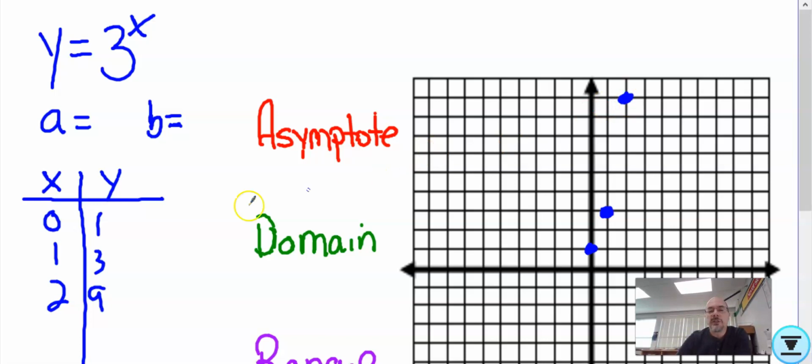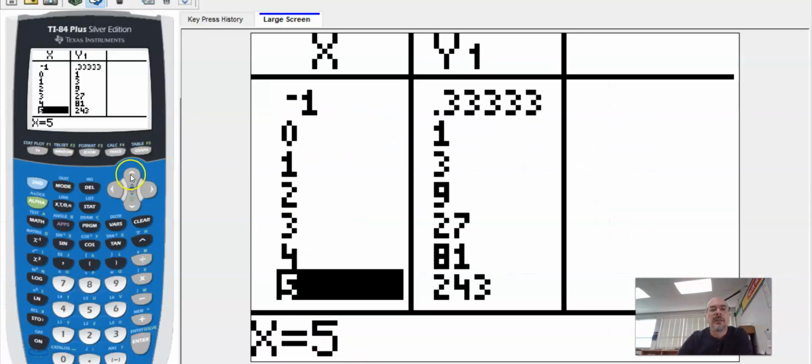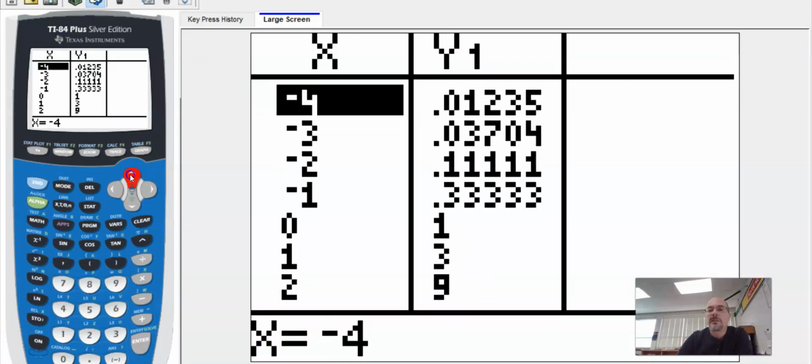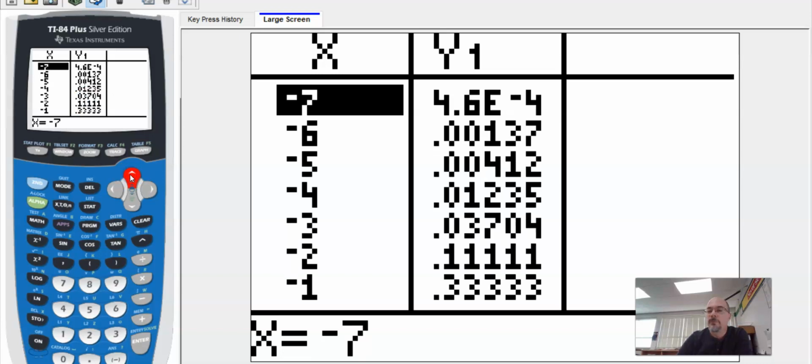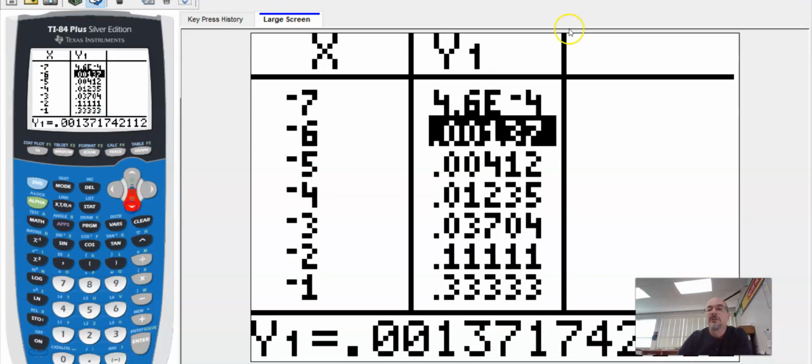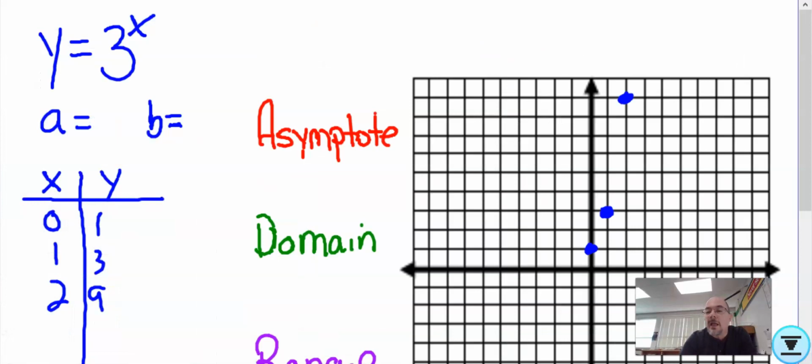And again, in our table, you will notice, ladies and gentlemen, that when I go into the negatives, the y column keeps getting smaller and smaller. Eventually it turns into scientific notation. See, that's scientific notation, so it's not a negative. So that line goes like this and then curves up like that, with an arrow on each end.